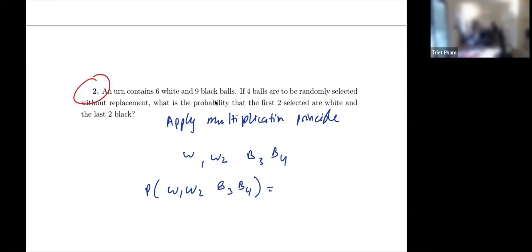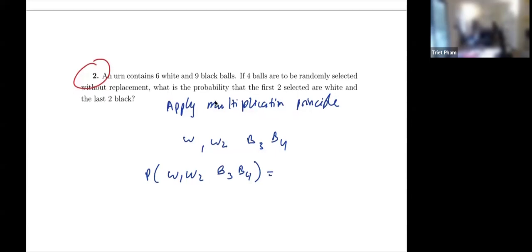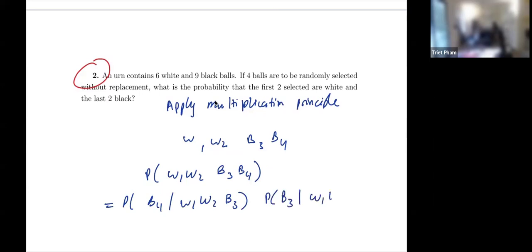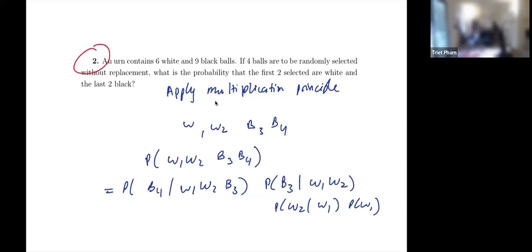By the multiplication principle, sorry, it's long, something like P(B4 given Y1, Y2, B3) times P(B3 given Y1, Y2) times P(Y2 given Y1) times P(Y1). It's better to write it like this. So you see that the time sequence is: we pick the first white, then we want the second white given the first is white, third black given that, and so on.